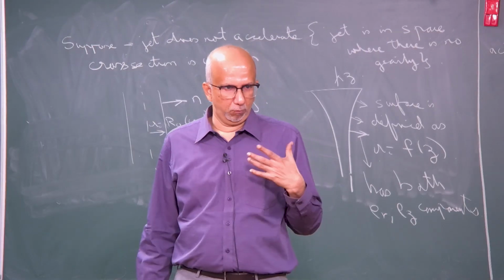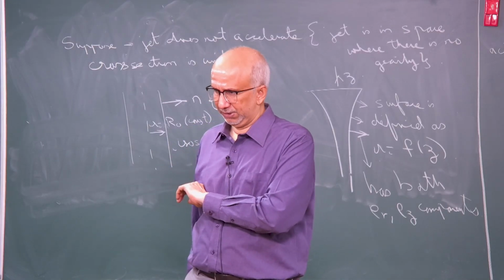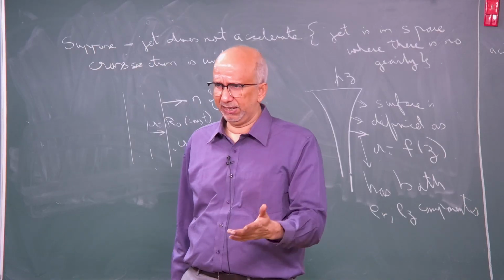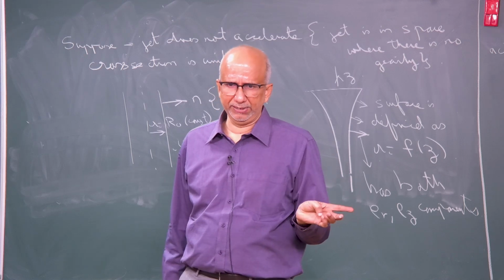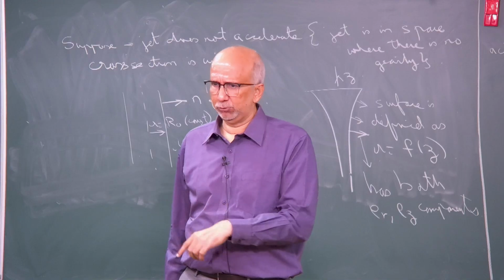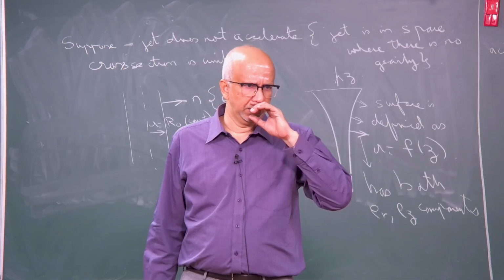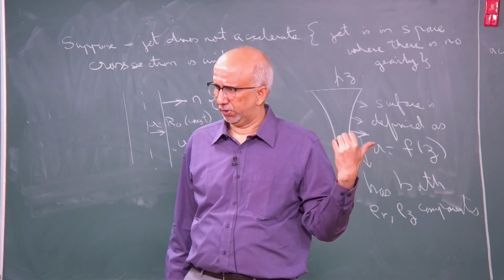So, what we are going to do now: I started with the motivation with the cylindrical coordinate system, but since we have not started cylindrical coordinates yet, I will just explain these concepts with the rectangular Cartesian coordinates, and then we will come back to cylindrical coordinates after that. I do not want to introduce two things at the same time, cylindrical and this concept of how to find this.